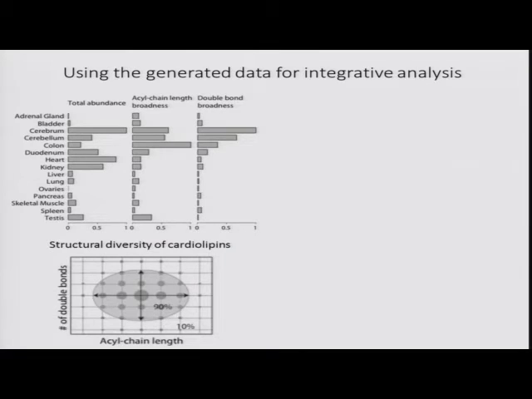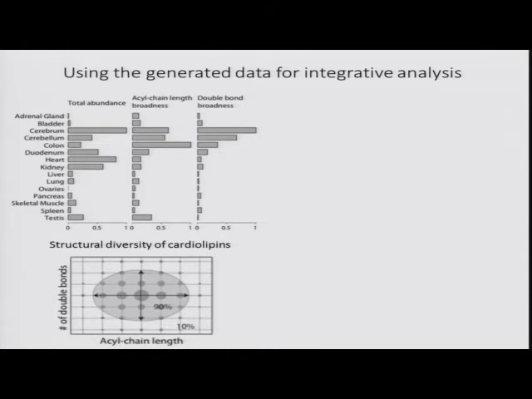What you can do now with this detailed analysis data that I have shown you before is dissect the structural variability and the output that you get from the measurement into different components, as I did here for these different tissues.